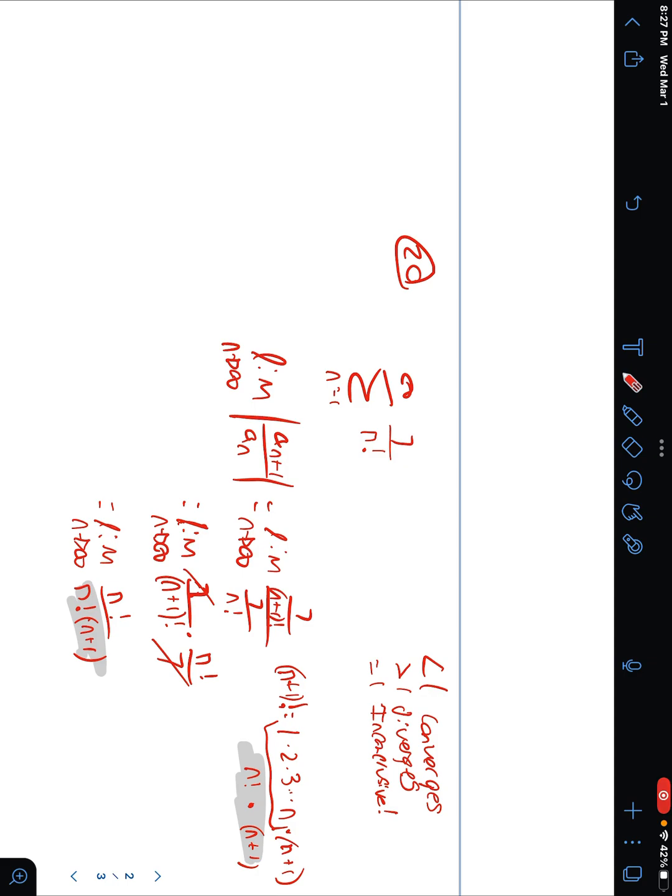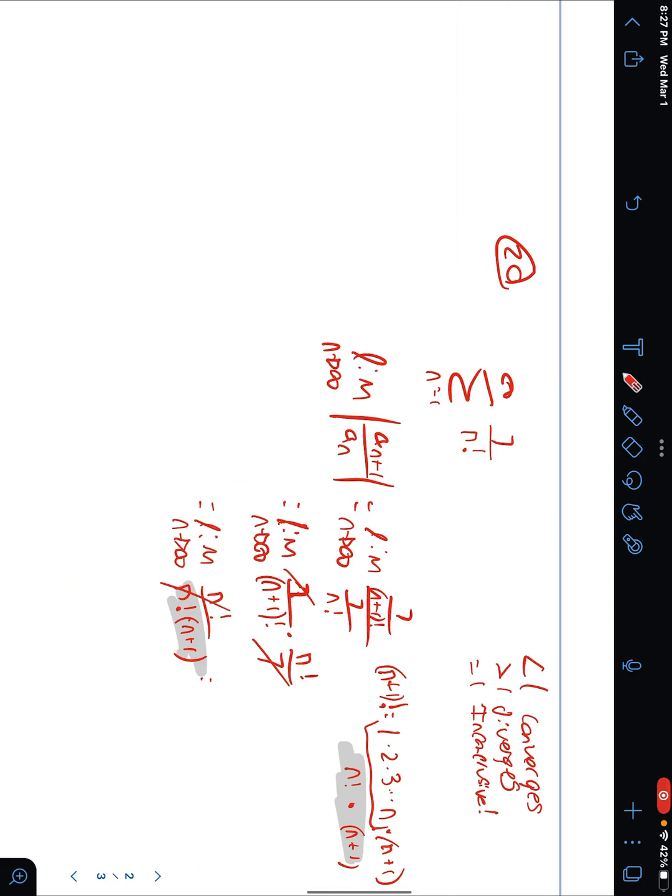Our n factorials cancel, and then we take the limit as n approaches infinity of 1 over n plus 1, which is equal to 0, which means that it converges. And that's it. It converges by the ratio test.